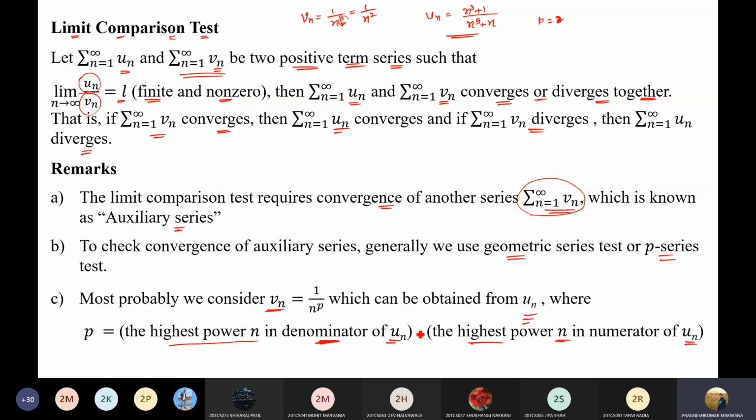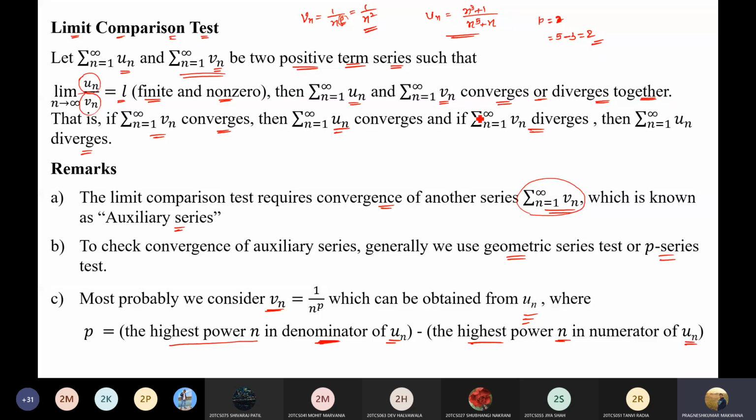So how can you choose these things? From this one you can see the highest power of n in the denominator. What is the highest power of n in the denominator? 5, minus the highest power in the numerator, that is 3. So that is equal to 2. So the value of P is 2, and we can choose Vn in the form of 1 upon n raised to P, that is 1 upon n square.